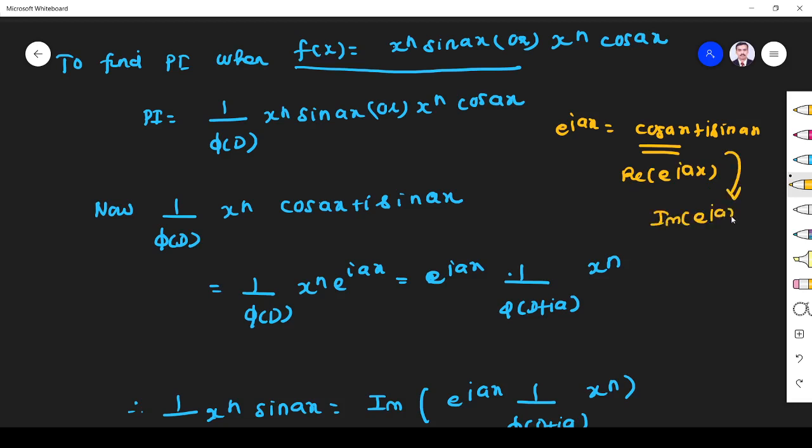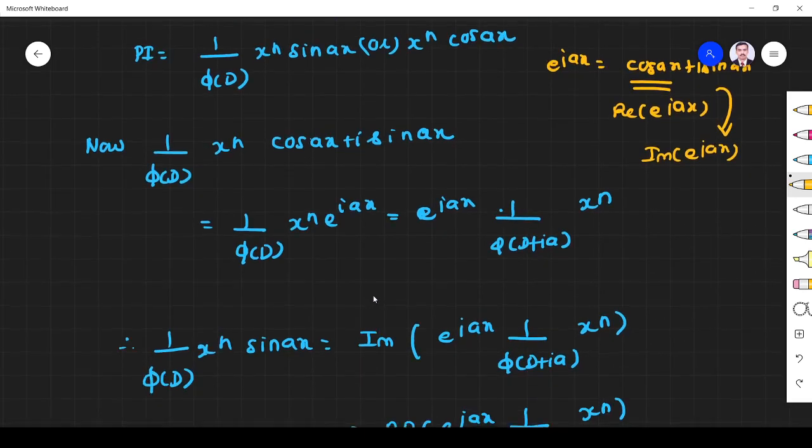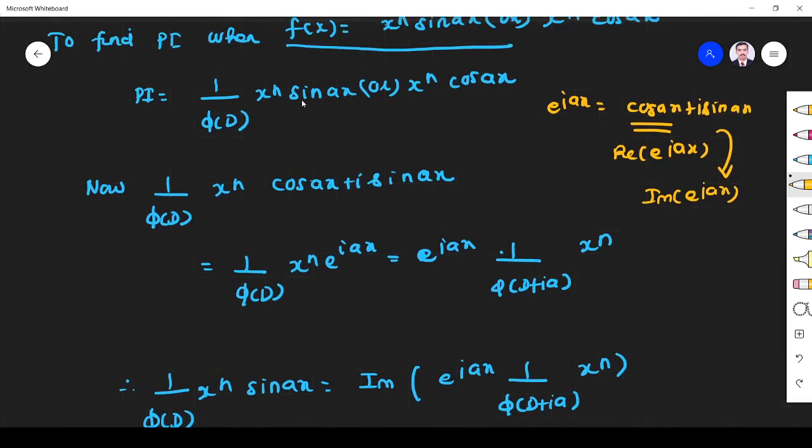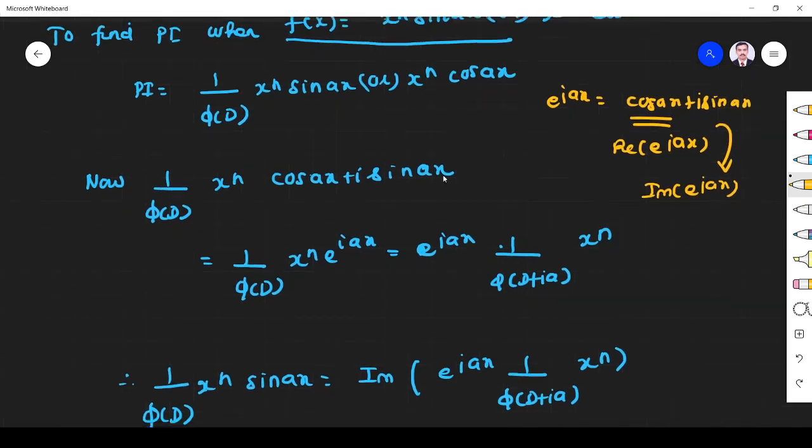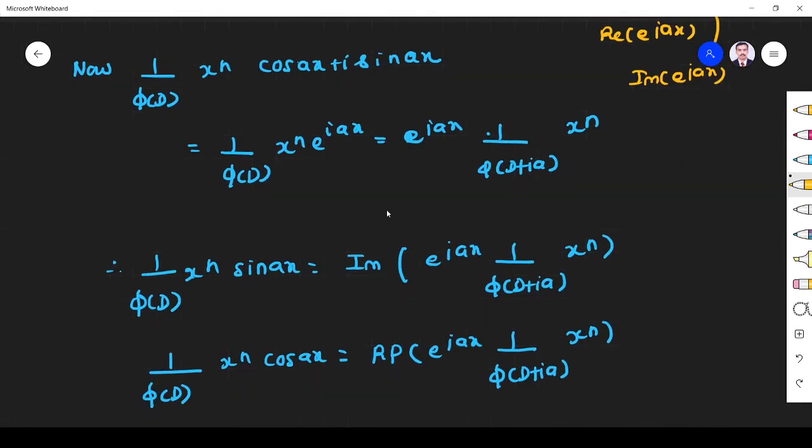So suppose your problem has 1 by f of D of x power n sin ax or x power n cos ax, right? You see, 1 by f of D x power n sin ax, I can write sin ax as the imaginary part of e power iax, right? And we know if it is e power iax, then I should replace D by D plus ia, as in type 4, right?